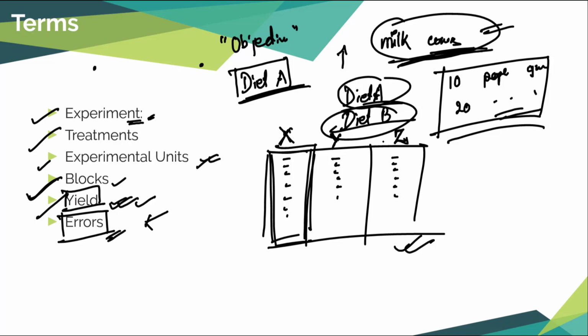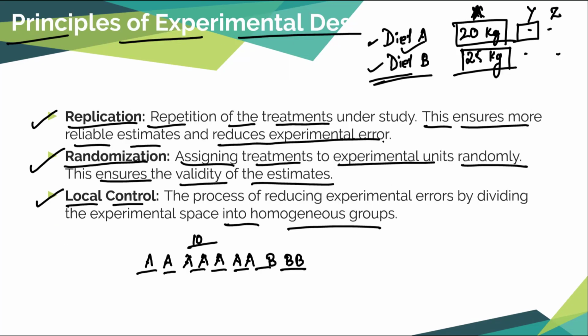If you divide them into their respective breed groups, this makes them homogeneous. So dividing your heterogeneous experimental space into homogeneous groups is called local control, right? So we have three principles: replication, randomization, and local control.